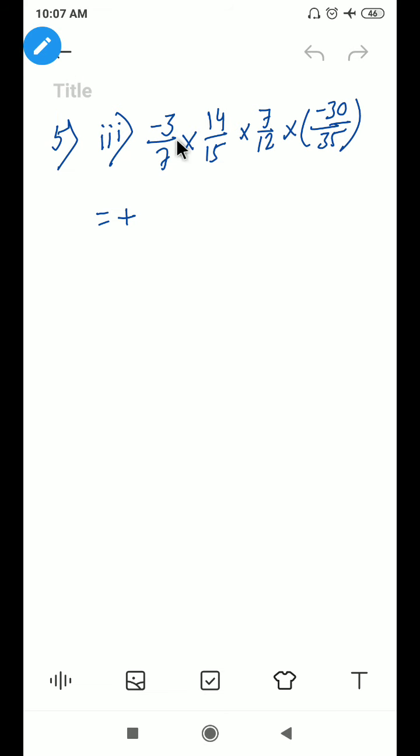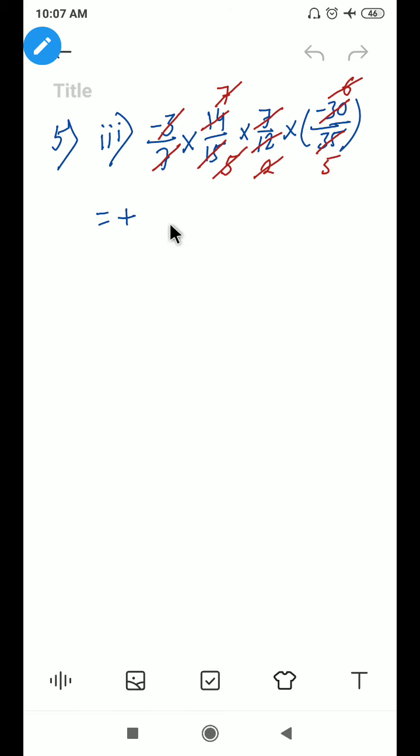Now cancel out the numbers. This 3 and this 15 will be cancelled out, and 5 is left here. This 7 and this 7 will be cancelled out. This 5 and this 30 will be cancelled out, so 5 sixes are 30. This 6 and this 12 will be cancelled out, and this 2 and this 14 will be cancelled out with 7 and this 7 and this 35.